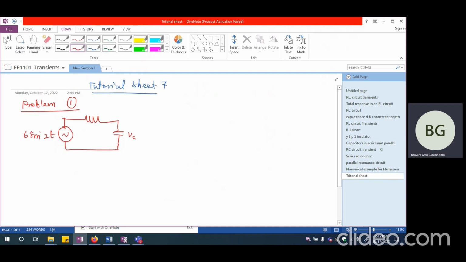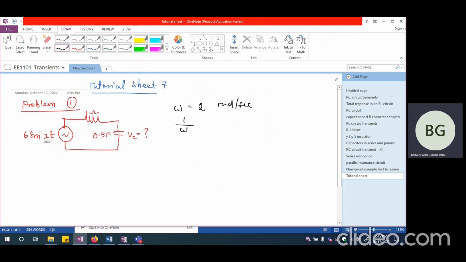Now what is being asked is how much is VC. So this is 0.5 farad and the resistance is 1 ohm. So from this expression, we can say omega is 2 radians per second. 6 sine omega t, omega is 2.